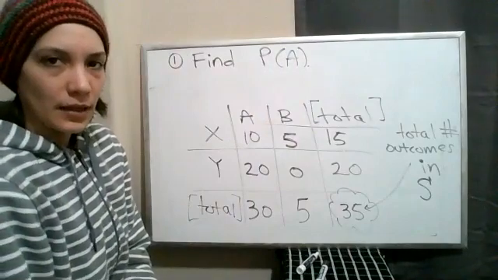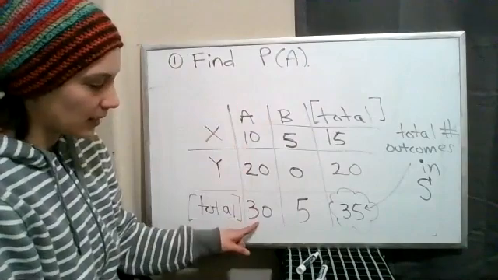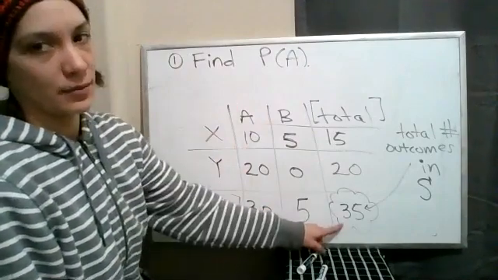Let's see. Probability of A is the total number of elements in A, which is 30, divided by the total number of elements in S, which is 35.